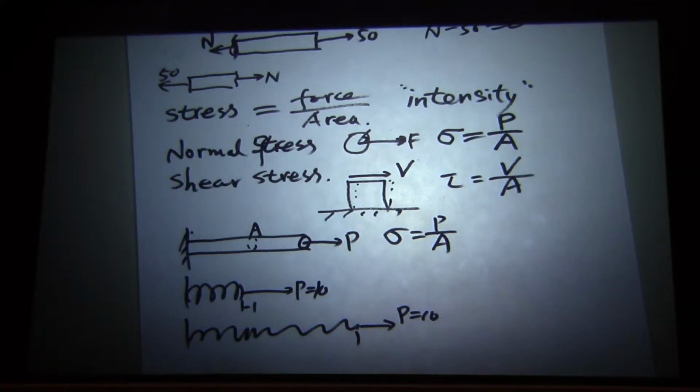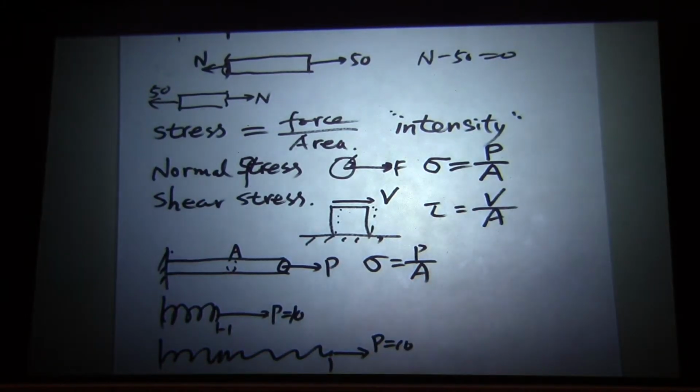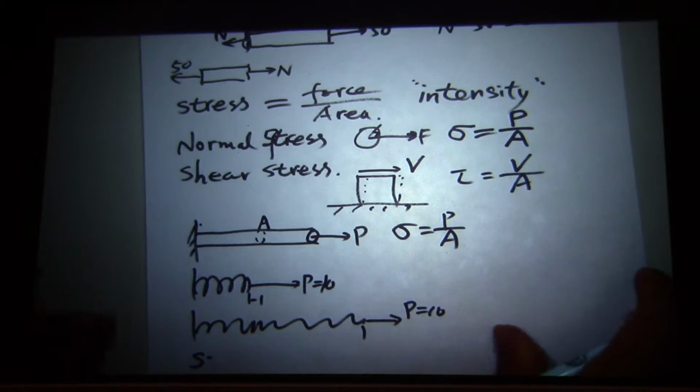It's the same when you have a large object and you generate this much deformation, or you have a small object and you generate the same deformation. These two are totally different. So we need something to describe the intensity of the deformation. What's that? Strain, right? So we're going to talk about the strain.